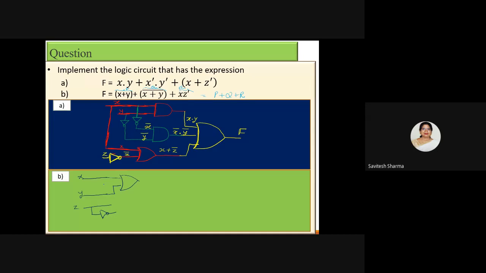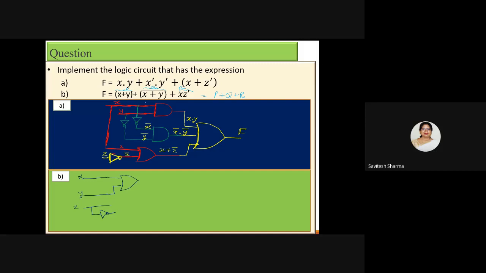So whatever the expression is, I am straightforwardly implementing it. In the next stage, I may ask you to implement in such a manner that you will get a minimum hardware circuit. This type of constraint may be given in the question. Here no constraint is given, so it is very simple for me. I am just taking an expression and, based on the operator, adding the components.